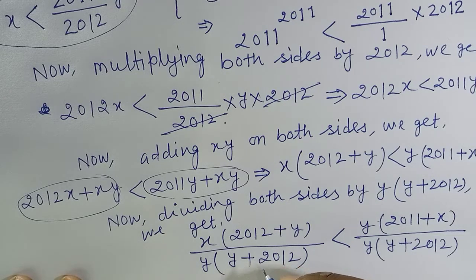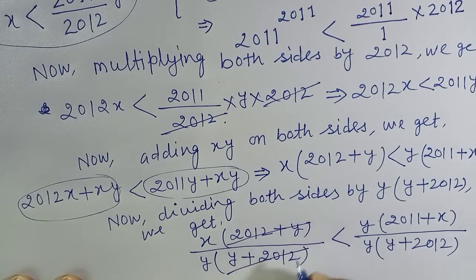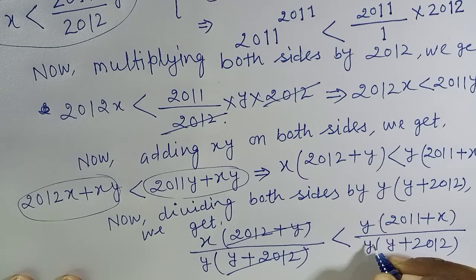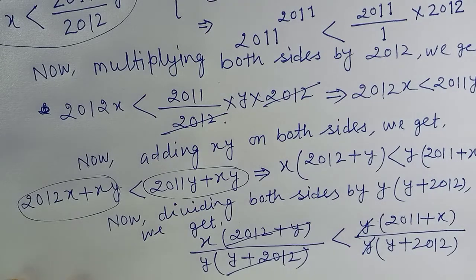So from here 2012 plus y and y plus 2012 will be cancelled out, and on the right side of the inequality y and y will be cancelled out.